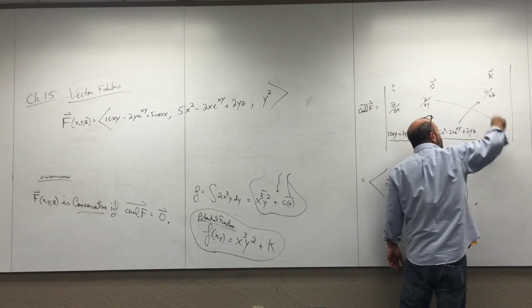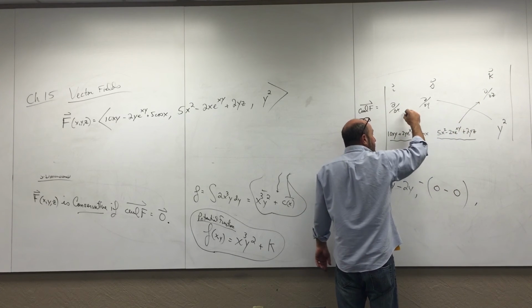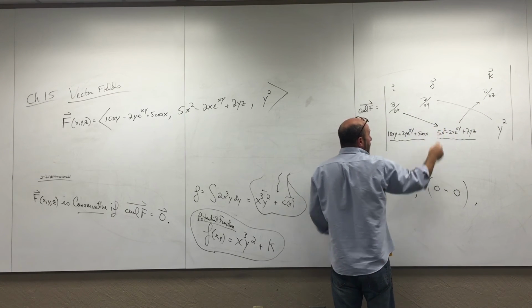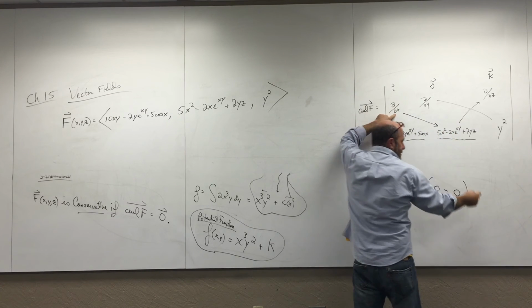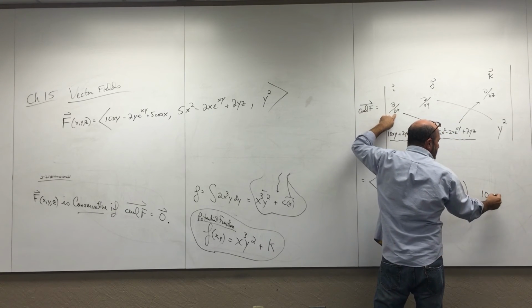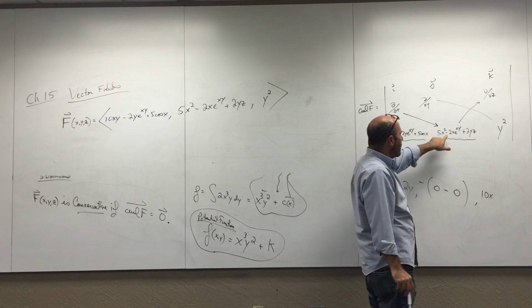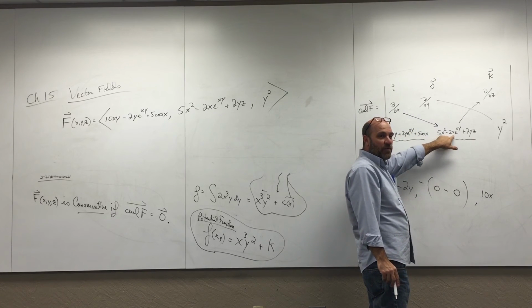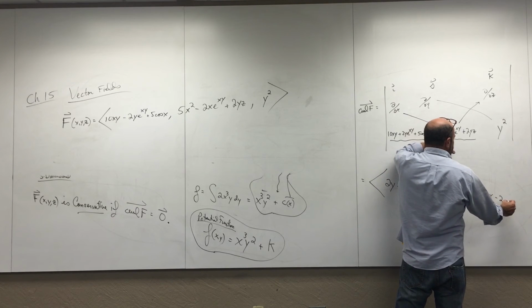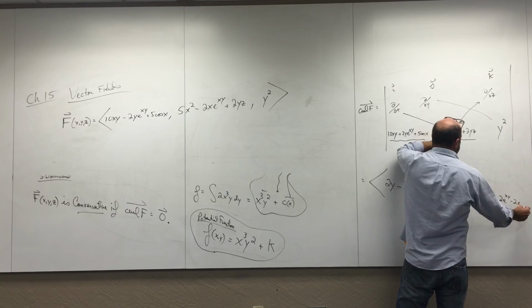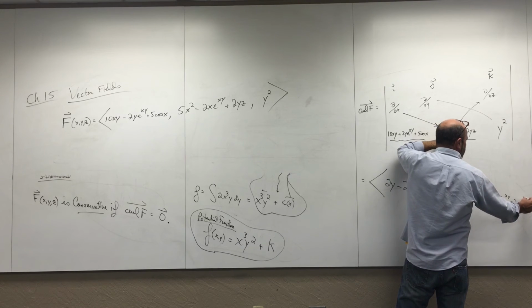I'm crossing out k, and I'm doing this partial derivative with respect to x. Okay, partial derivative with respect to x. All right. That's a 10x. Oh my God, I got to do a product rule. Derivative of the first times the second plus the first times the derivative of the second.